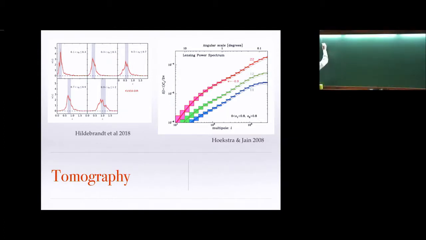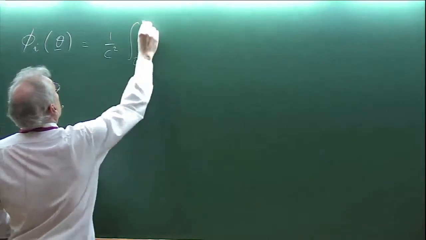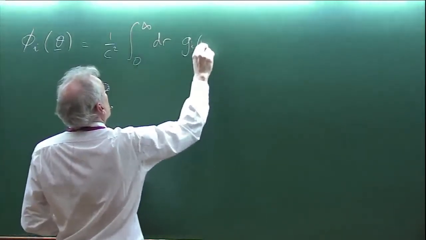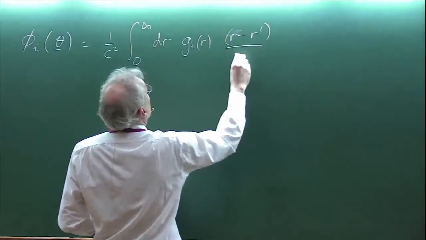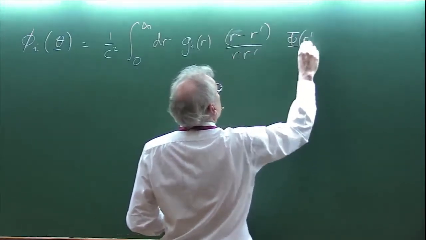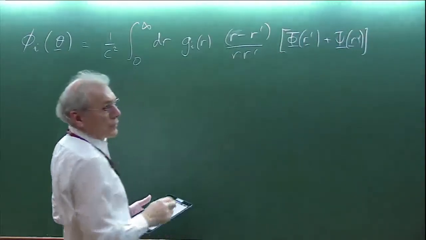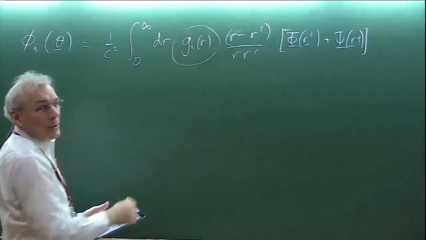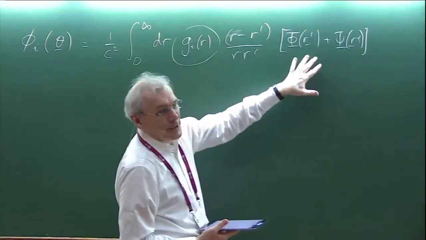So just to recap, for different tomographic bins, you can write down the lensing potential in terms of the Newtonian and curvature potentials, where this term here is dependent on the tomographic bin, and basically it gives you the effective weight of the potentials, the contributions to the potentials along the line of sight.